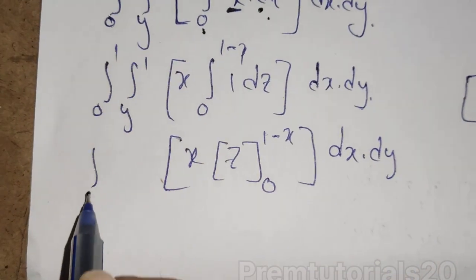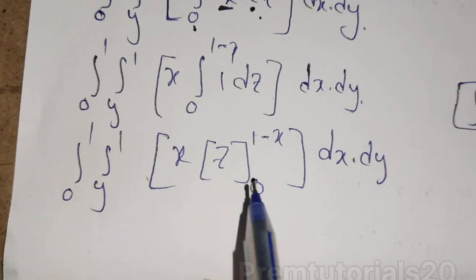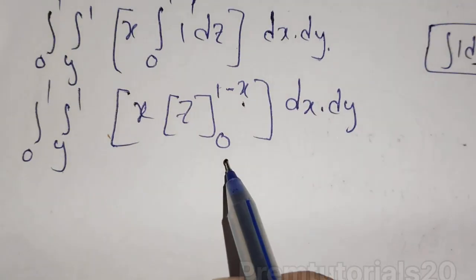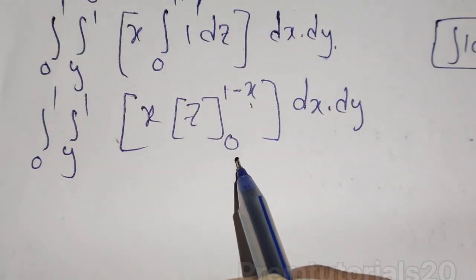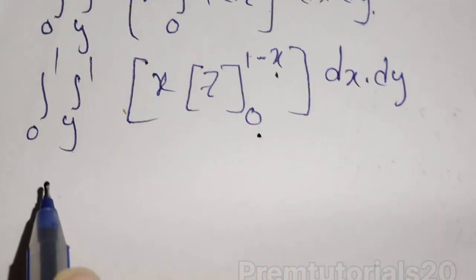So these two have limits 0 to 1, and we have 0 to 1. Now it's time to substitute the upper limit value and lower limit value. We already know about substituting these two limits.